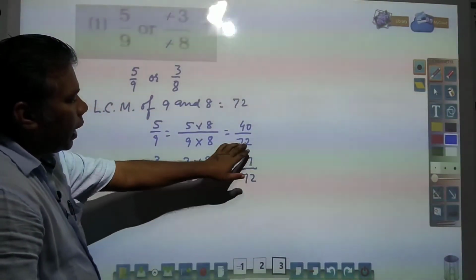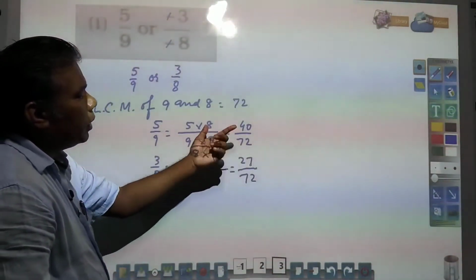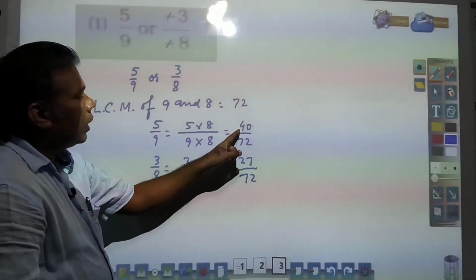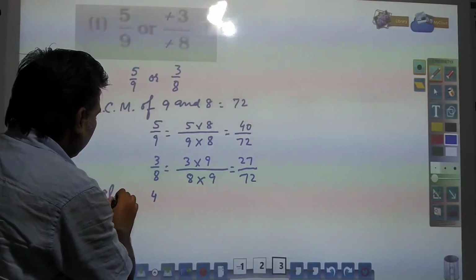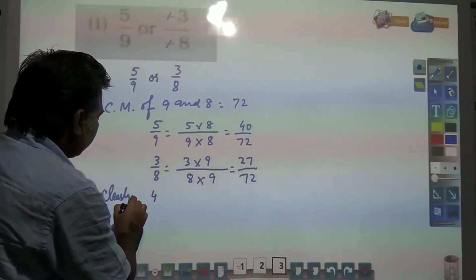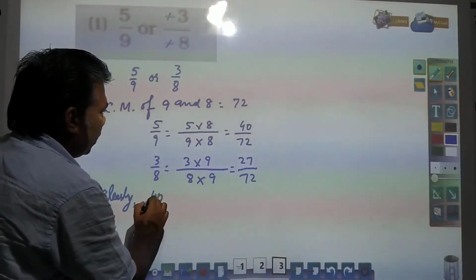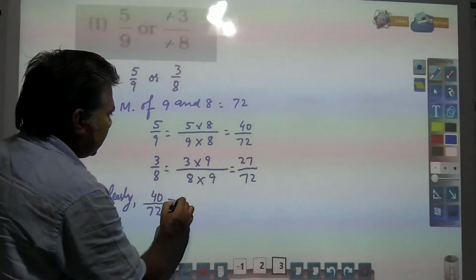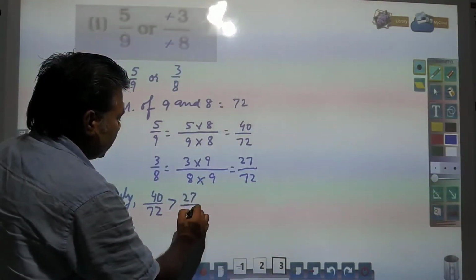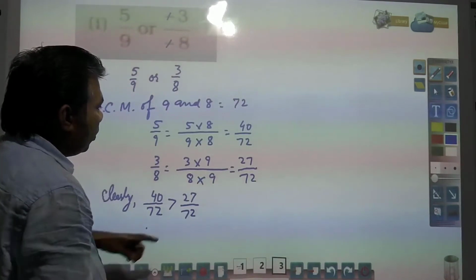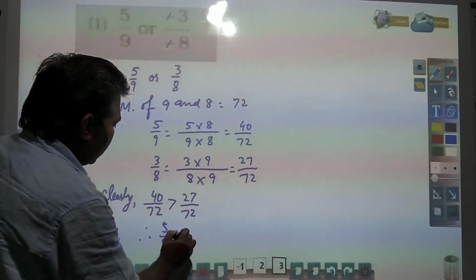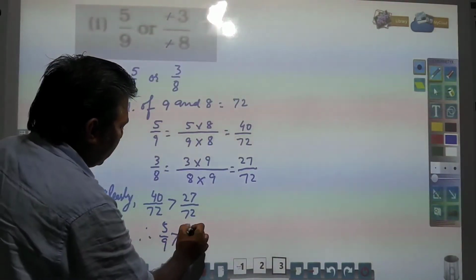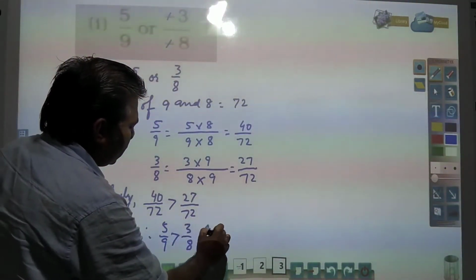Now denominators are equal, we need to see which numerator is greater. So 40 is greater than 27, so you can write clearly 40 by 72 is greater than 27 by 72, and therefore 40 by 72 means 5 by 9 is greater than 3 by 8. And this will be your answer.